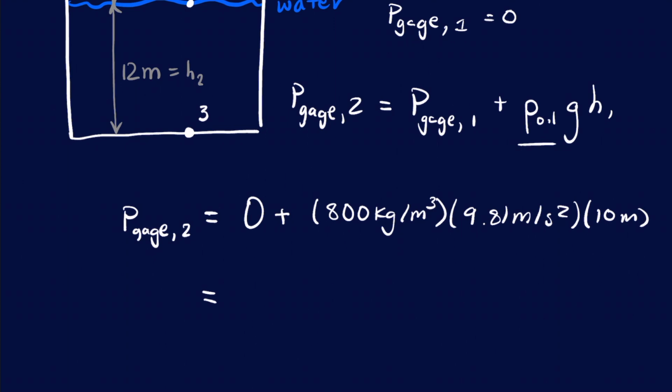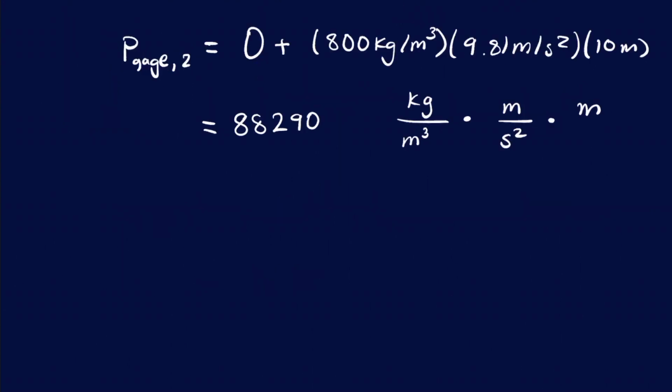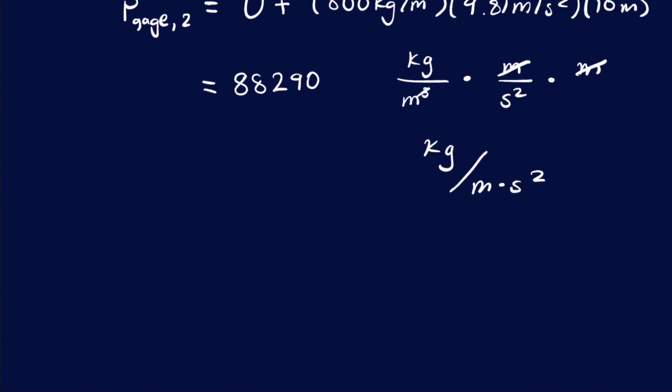If we just put this in on our calculator, we get 88,290. Now, one thing that's super important in fluid mechanics is the units. So let's figure out what the units are. If we cancel out the meters, we're left with kilograms per meter times seconds squared. If you remember, the unit of pressure is a pascal, and a pascal is a newton per meter squared.